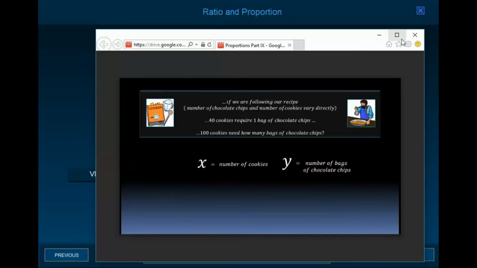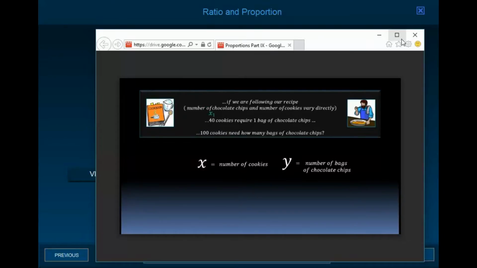Let's let x represent the number of cookies and y represent the number of bags of chocolate chips. Then when we say 40 cookies require 1 bag of chocolate chips, that's saying that at one point in time we have 40 cookies, and at that same point in time we have 1 bag of chocolate chips.